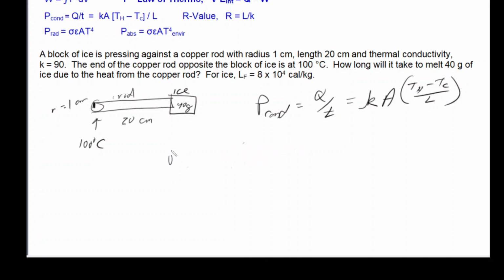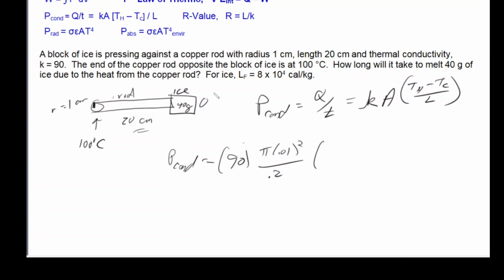So we can put these numbers in. P conduction is equal to K, which is 90, times the area of the rod, which is pi r squared, or pi times 0.01 meters squared, over the length of the rod, which is 0.2 meters, times the hot minus the cold temperature.